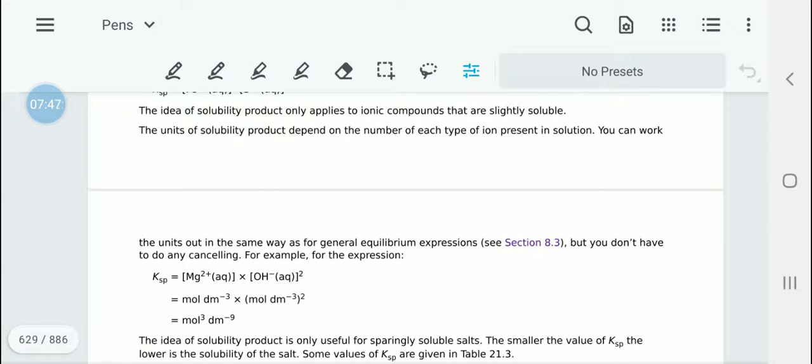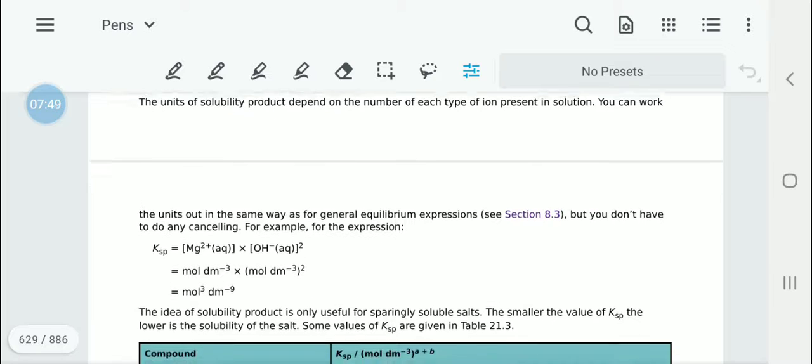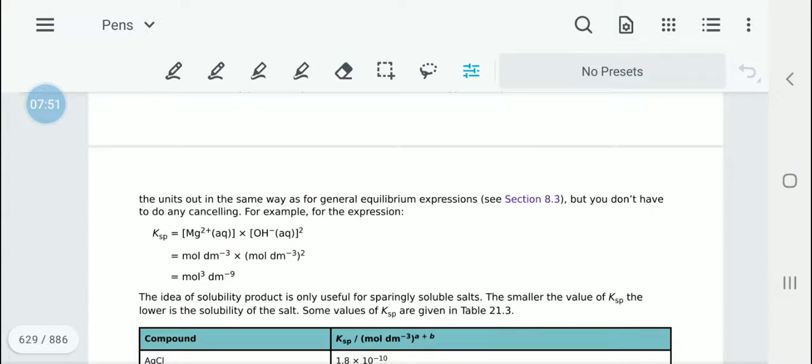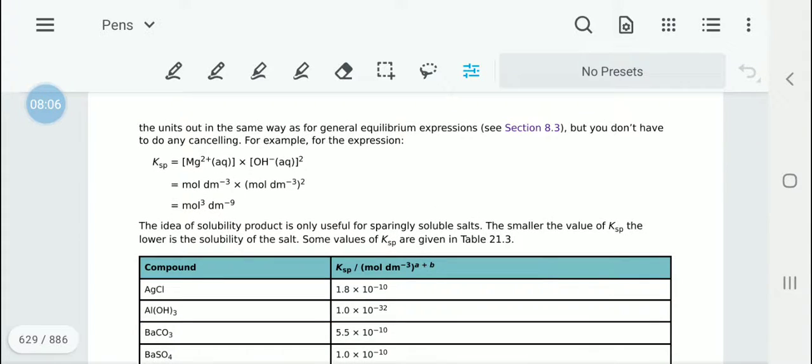Now if you take this example, magnesium hydroxide, Mg2 plus and OH minus, that is Mg(OH)2, then it is going to be 3 concentrations multiplied together, mol cubed dm minus 9. So also remember, the solubility product applies only for sparingly soluble salts.